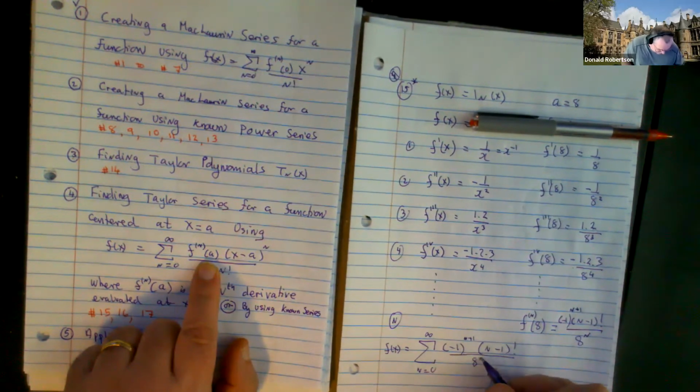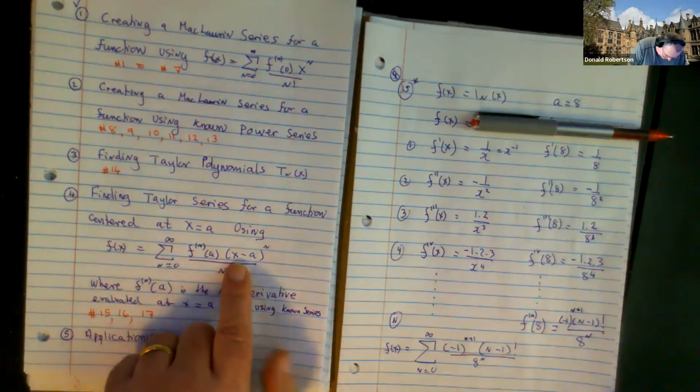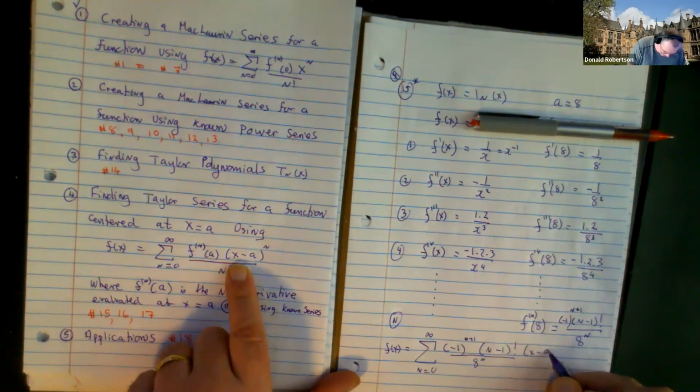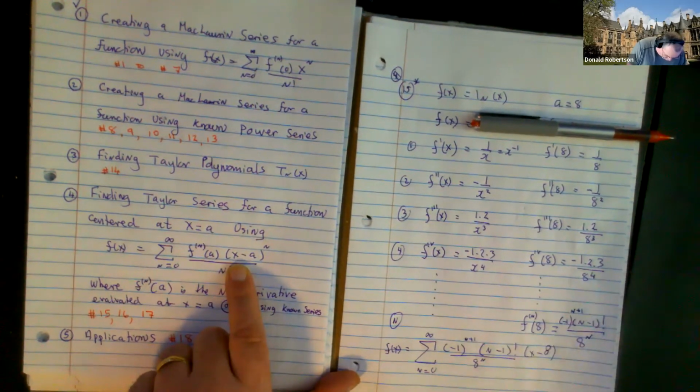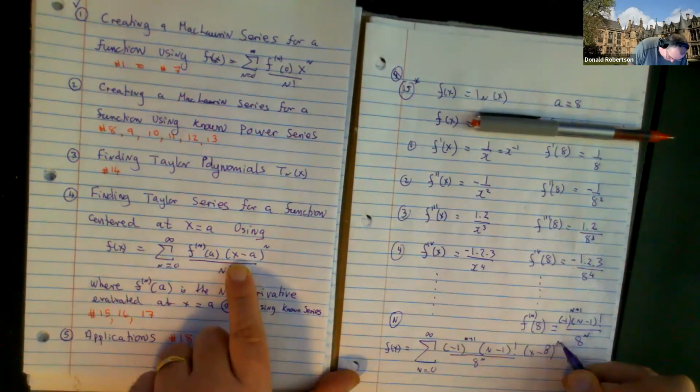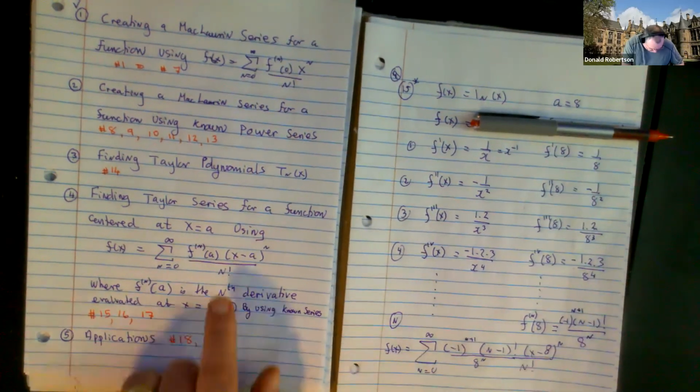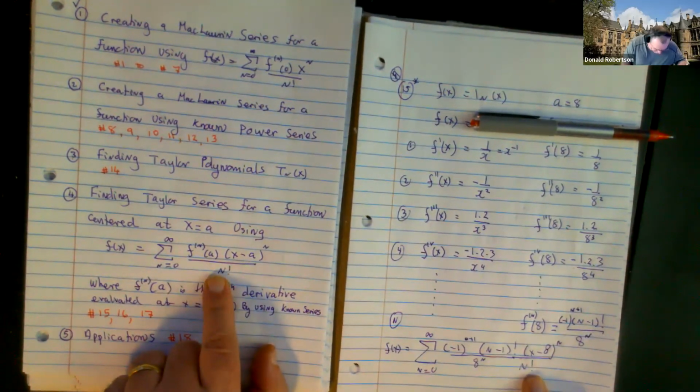Right, that's that bit. Then x minus a becomes x minus 8 to the n. Oh, and an n factorial as well, right? Because that's always going to be there, and so on and so forth.